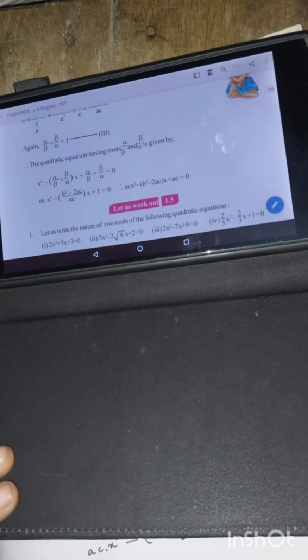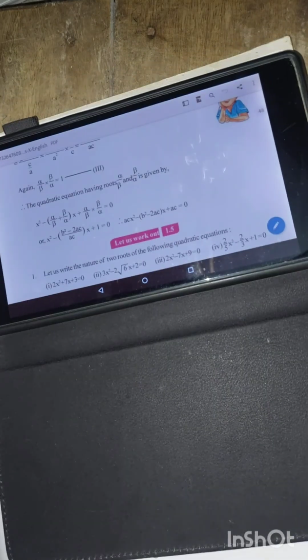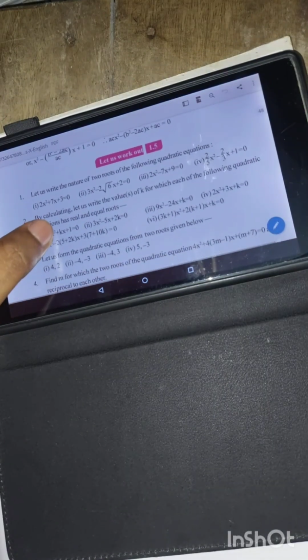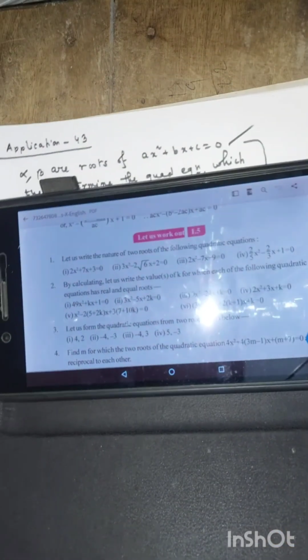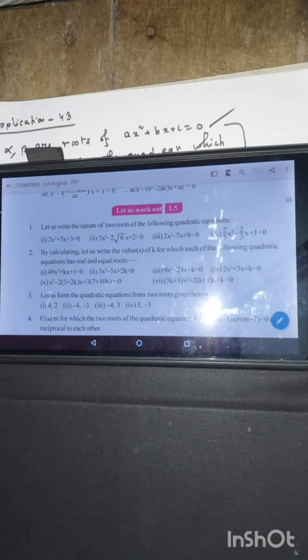So our equation is correct. Now let us proceed to work out 1.5.